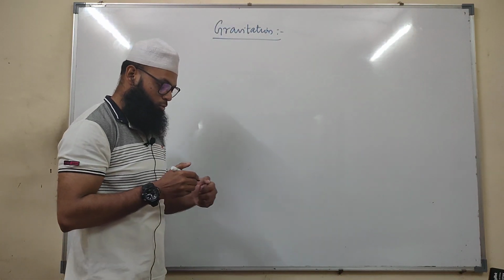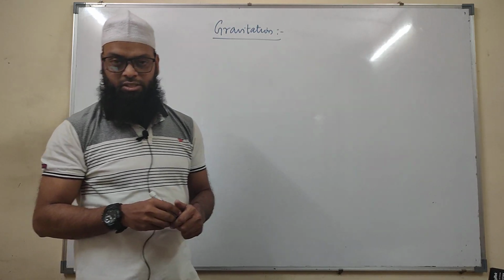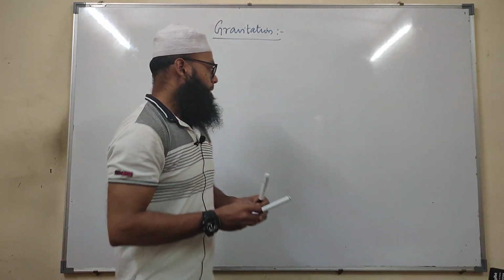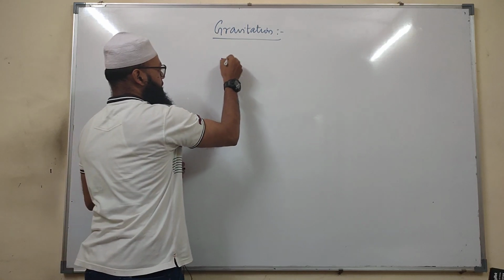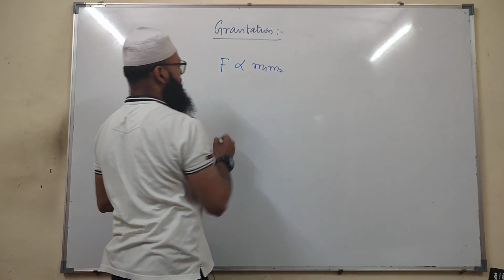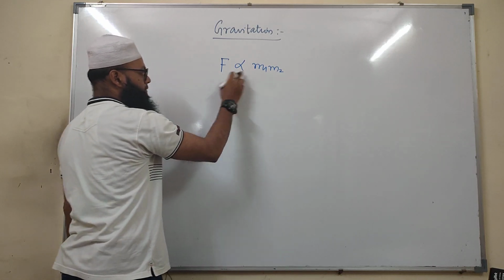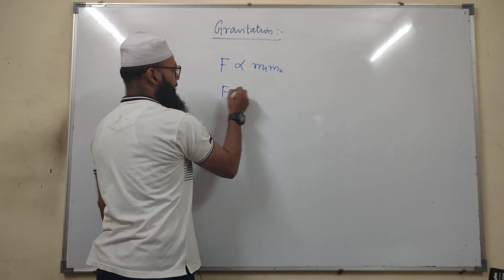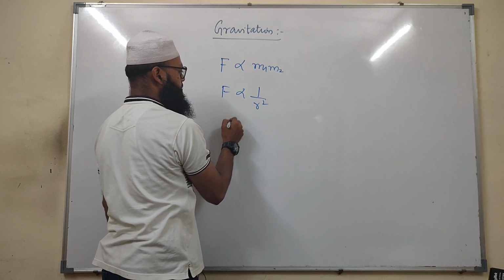And we all know the most basic thing regarding gravitation is Newton's law. Newton said that for bodies having masses m1 and m2, the force acting between the bodies is directly proportional to the product of the masses and inversely proportional to the square of the distance between them.